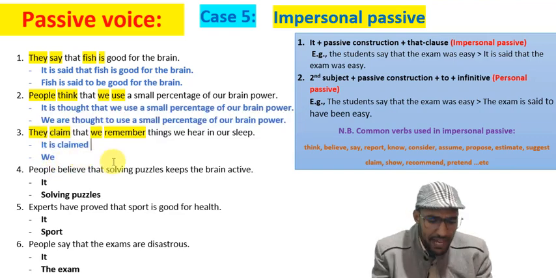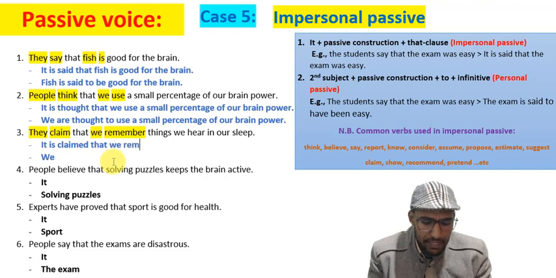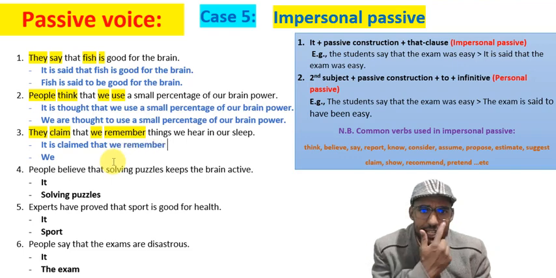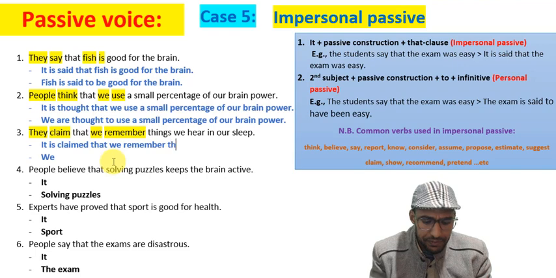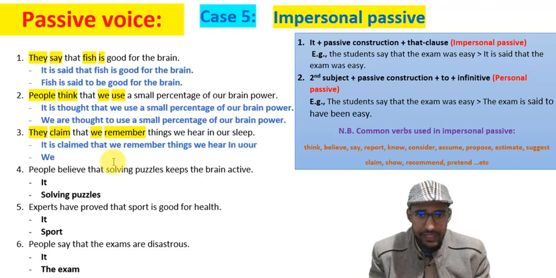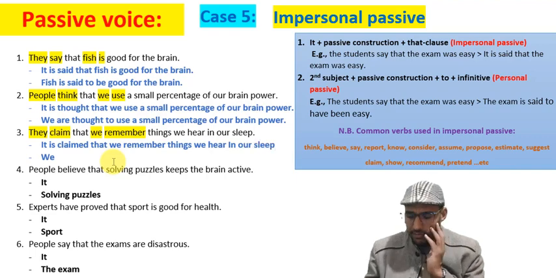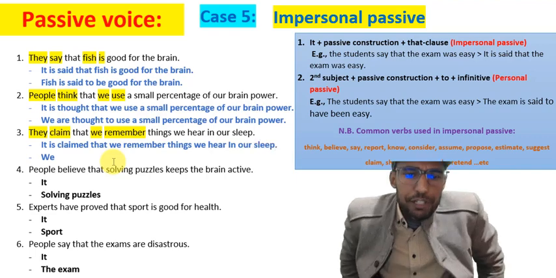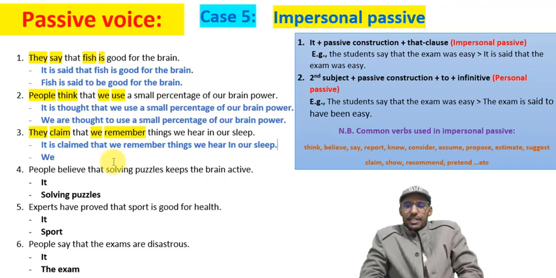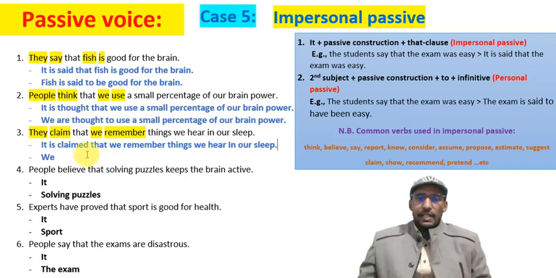It is claimed that we remember things we hear in our sleep, with no change here. Here we go. We finished with the first suggestion. As I said, it's very easy to process.